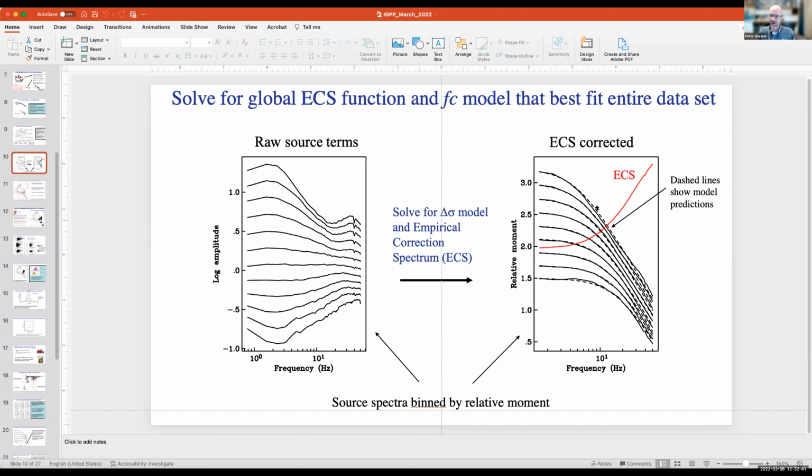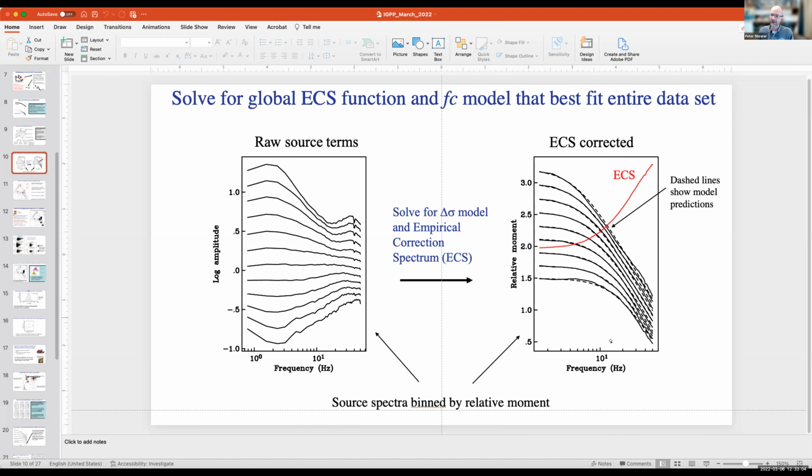Right. So you can see here, for example, how this works. If you think of the red curve as a sum of the misfits between the solid lines, which are the data, and the dashed lines, which are the model.